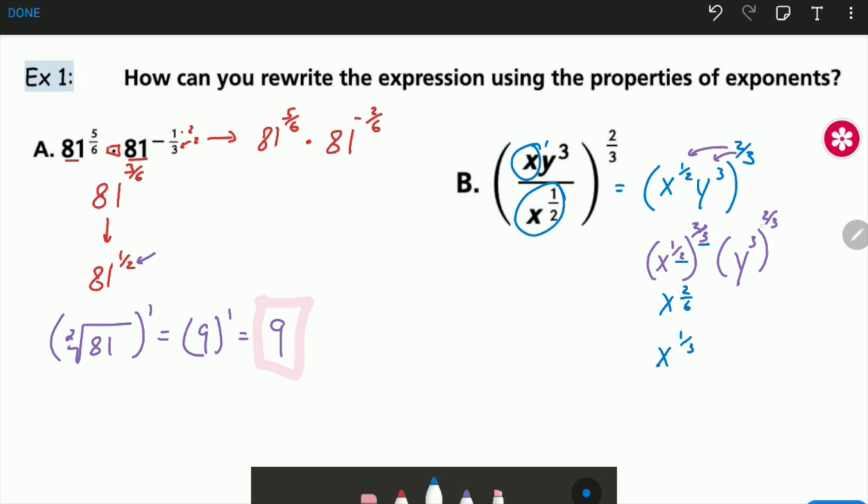And then when you do the second one there, 3 as a fraction is 3 over 1. So you multiply the tops, giving us y to the 6 over 1 times 3 is 3, which reduces to y to the second. So overall, this will be the simplified expression. And I can't go farther and turn it into just a single thing like I could with the other one, just because x isn't a perfect power.